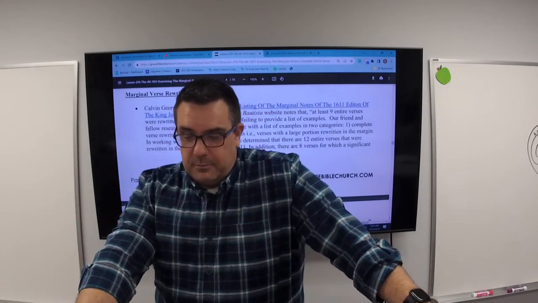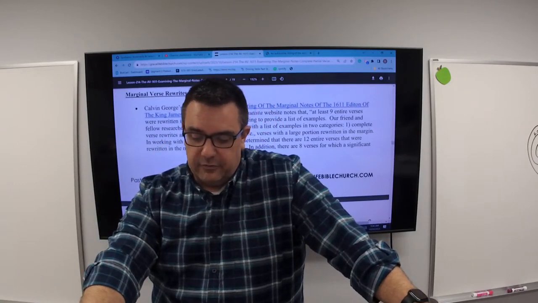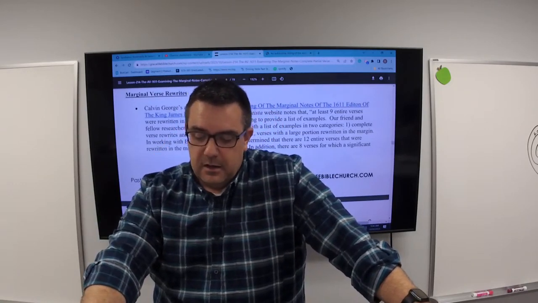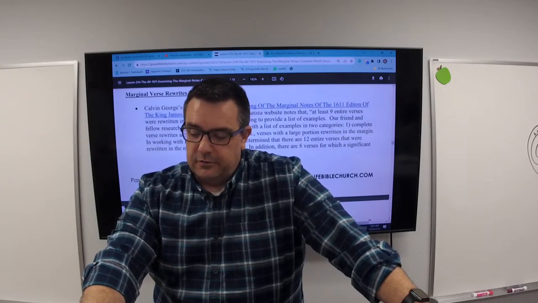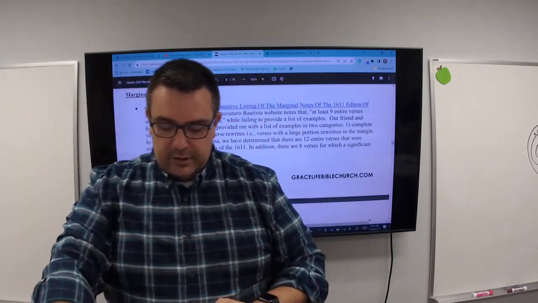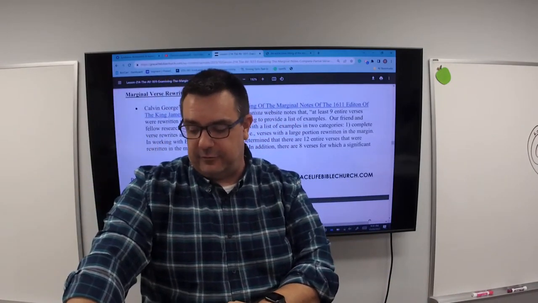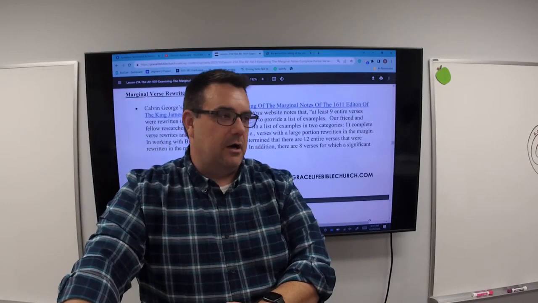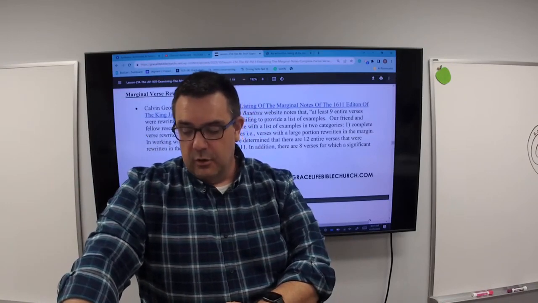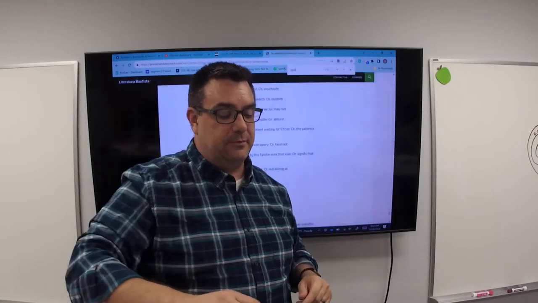Marginal verse rewrites, bottom of page 8, if you're following along online. Calvin George's article, an exhaustive listing of the marginal notes in the 1611 edition of the King James Bible on the Literatura Bautista website, notes at least 9 entire verses were written in the marginal notes, while failing to provide a list of examples. So this is the article I'm talking about.